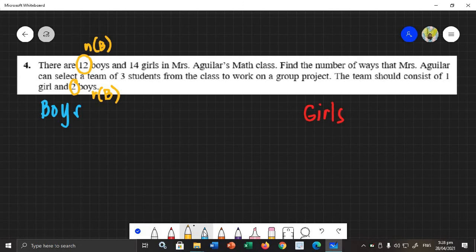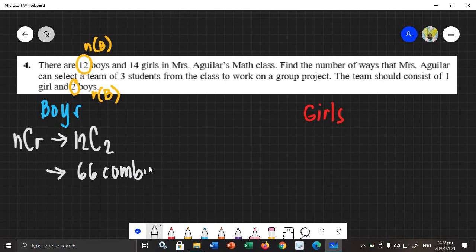So, if we solve that, gamitin na natin scientific calculators, NCR, yung N natin is 12 boys, di ba? So, 12C, and then yung R natin is 2. Kasi we will get 2 boys from those 12 boys in the class. So, click lang natin in our scientific calculators, 12C2. It will give us 66 combinations.